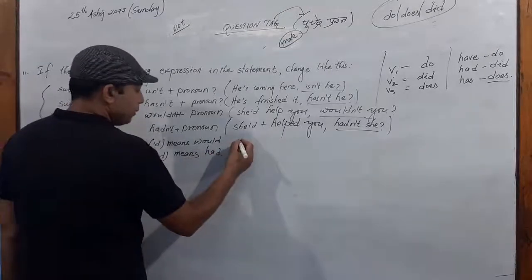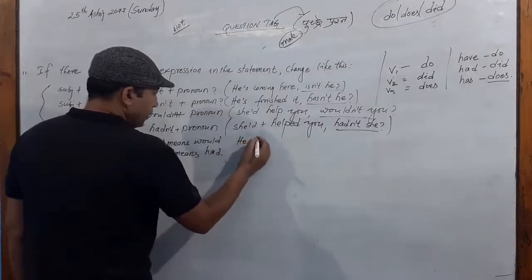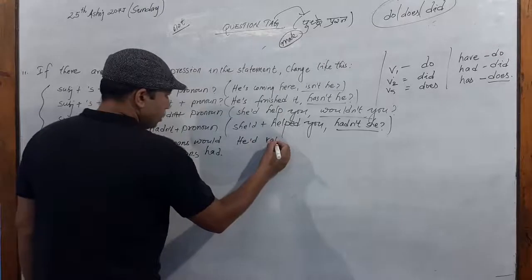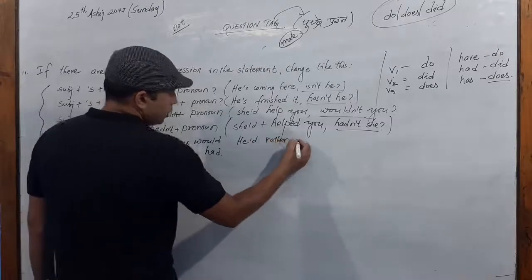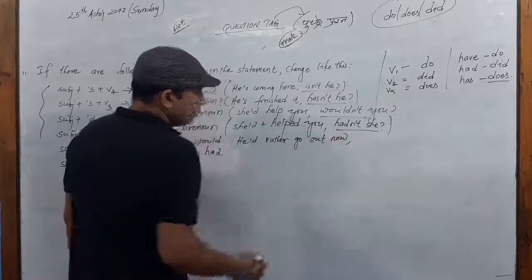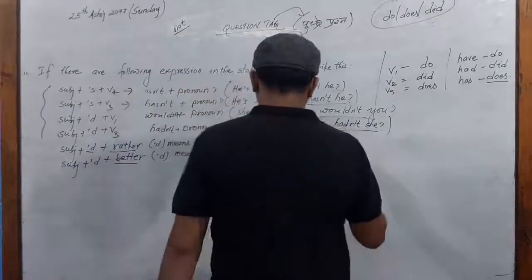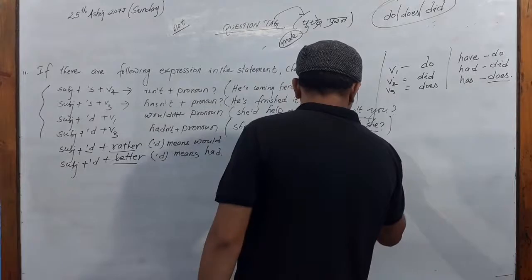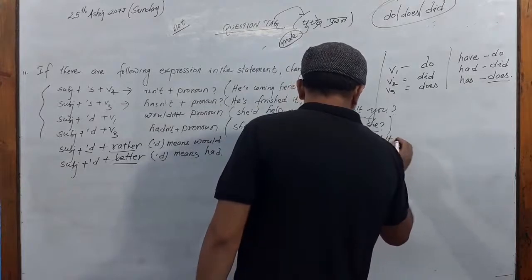So if there is he apostrophe D rather go out now, then we have to write wouldn't he.